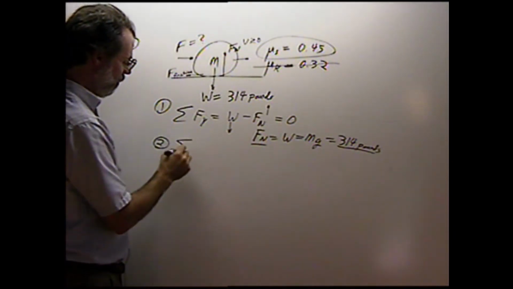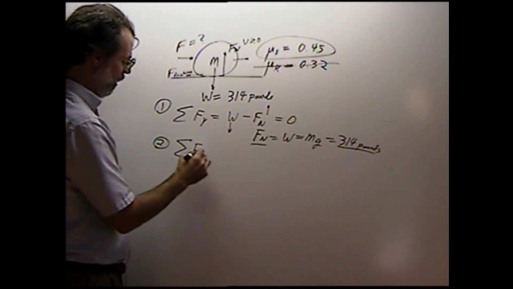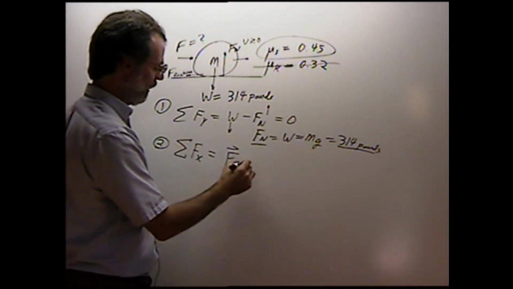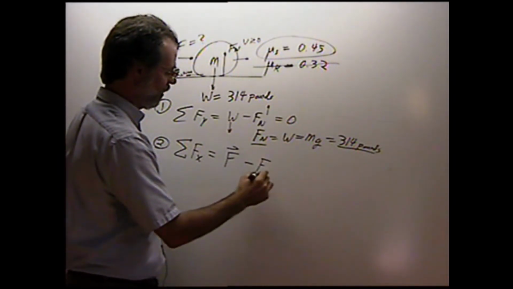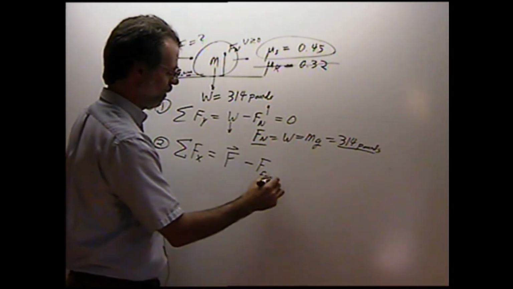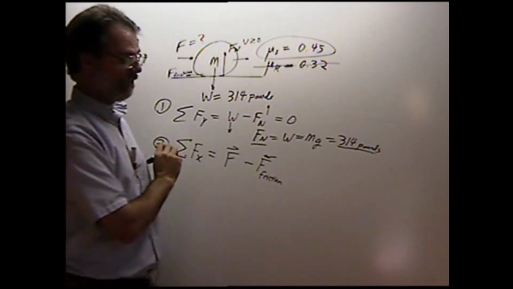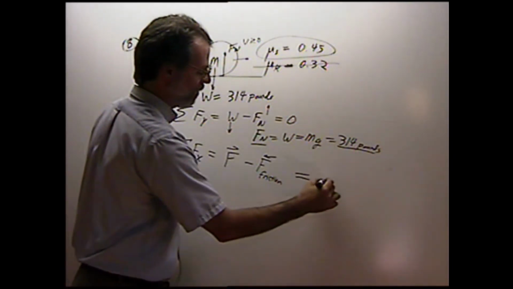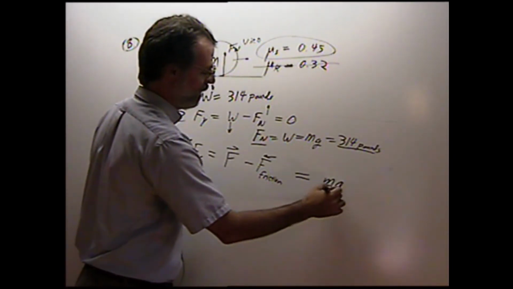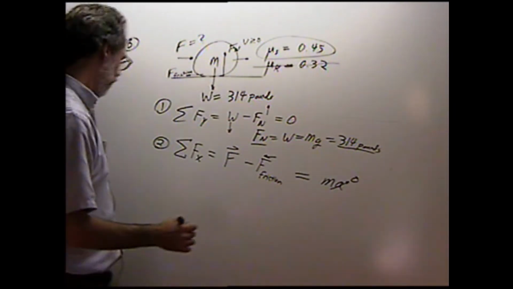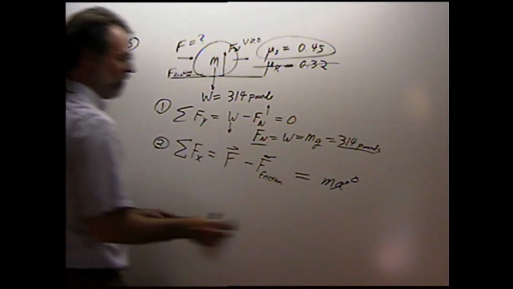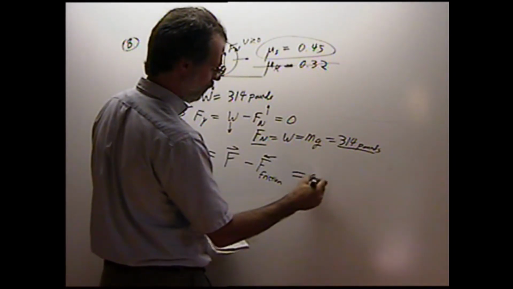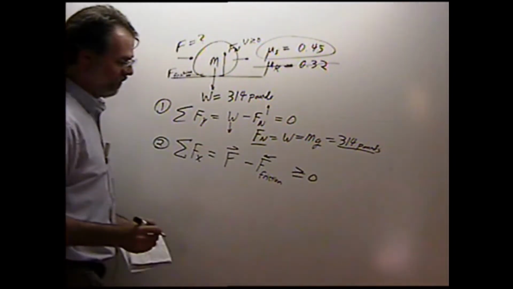So the sum of forces in the x direction is we have a force applied to the right, and we have to subtract the friction force, which acts opposite that. And we want this equal to a mass times acceleration. Right now, there is no acceleration. In fact, there's no velocity.